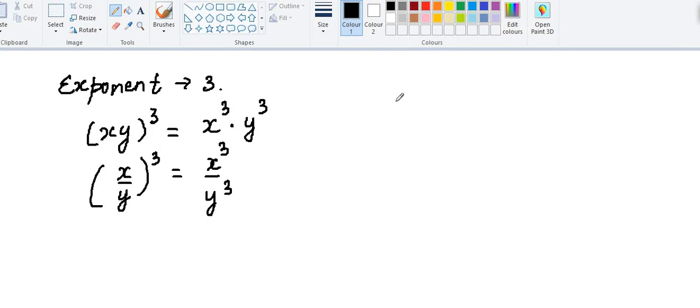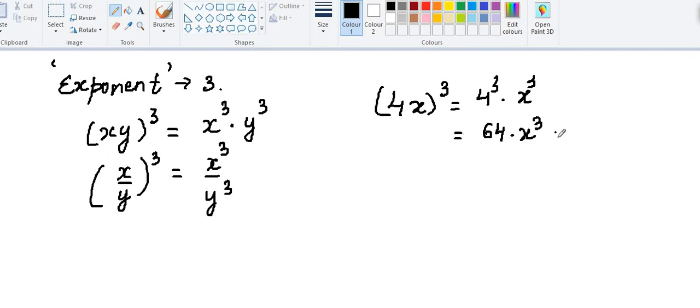So suppose I am calculating cube for 4x. This is the law of exponent, that's why I have used the word exponent. So 4x cube will mean 4 cube and x cube. 4 cube is 64, x cube remains as such, so your answer will be 64x cube.